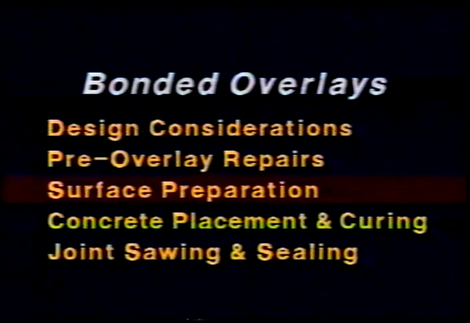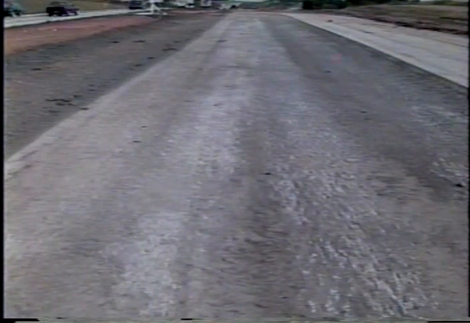Now we're ready for surface preparation. The pavement must be thoroughly cleaned to remove all foreign matter and contaminants from the surface. Cleaning is essential for a good bond between the overlay concrete and the base slab. This can be achieved by removing a thin layer of concrete at the surface and then following up with a secondary cleaning.